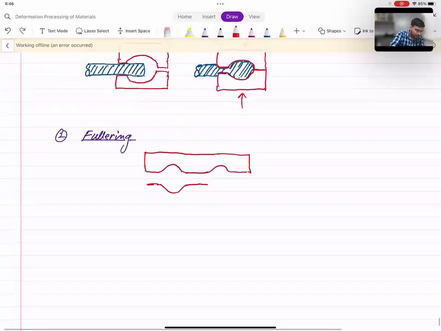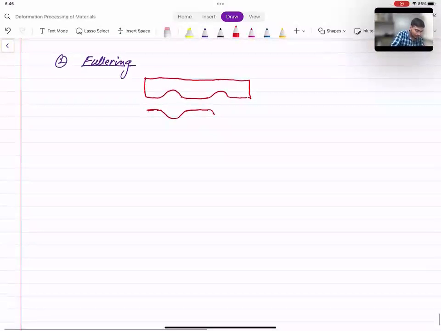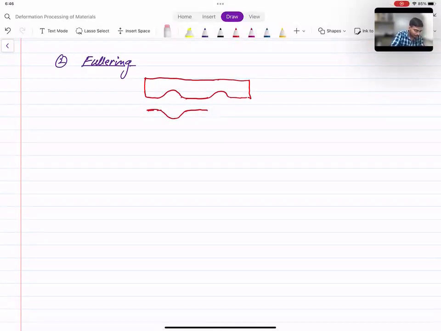What happens to it? So this is the arrangement of the die, and when it gets pressed, if the workpiece lies between these two dies, basically the region which will be at this point is, let me change the color.